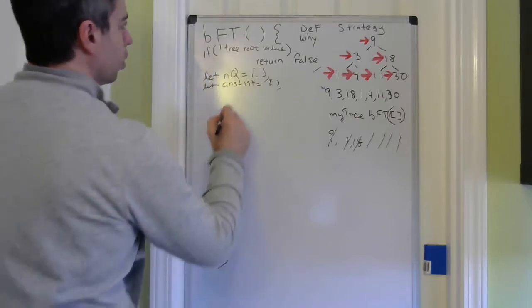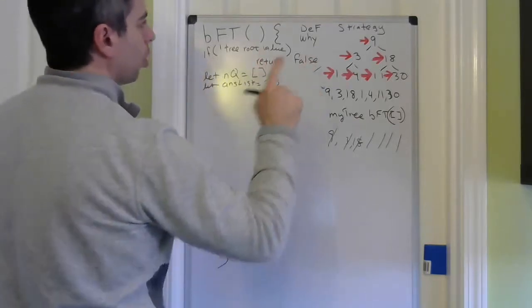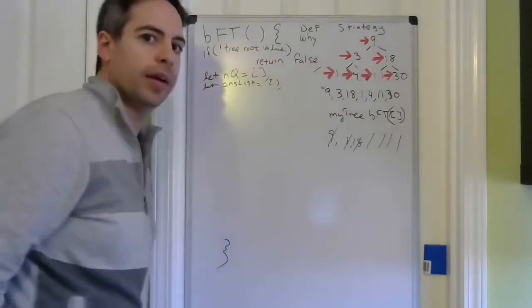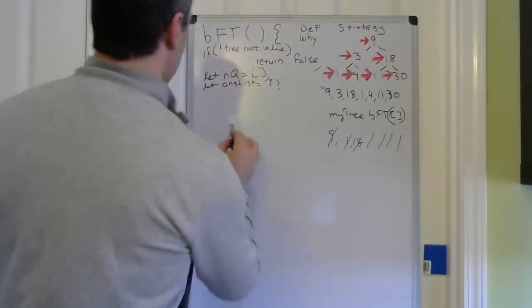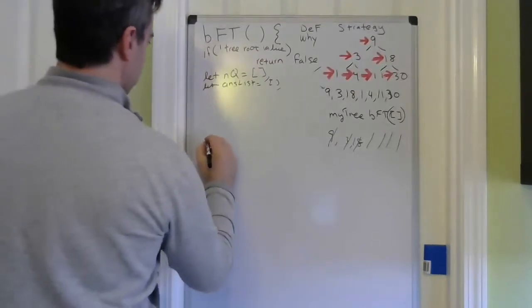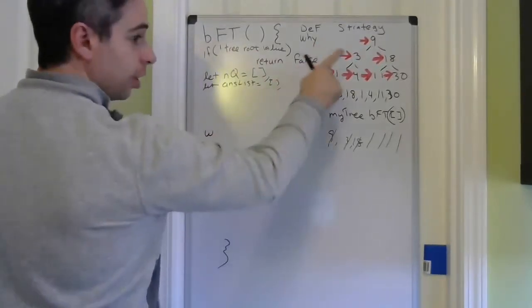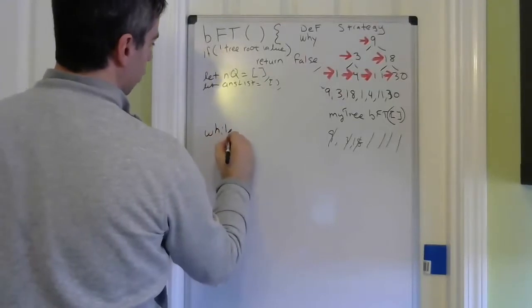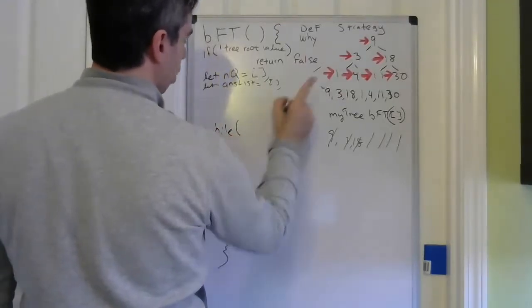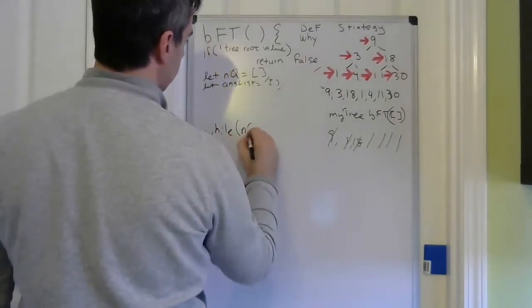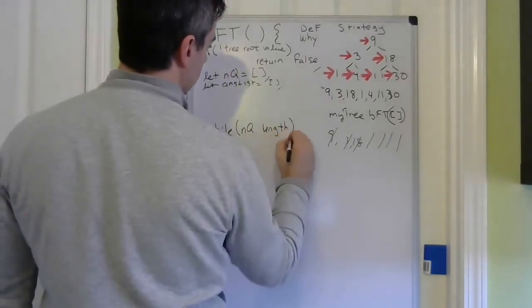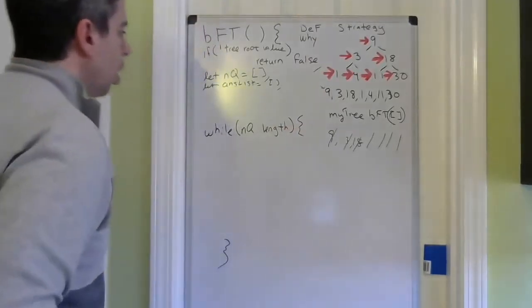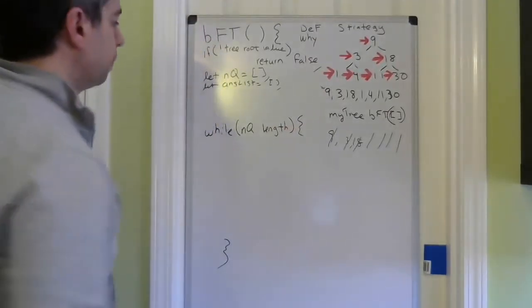So we want to put the 9 in the queue, so let's leave some room here to actually get the 9 in there first. So I'm just going to move the line of code down. Node queue dot length. I'm going to fill this in a minute.